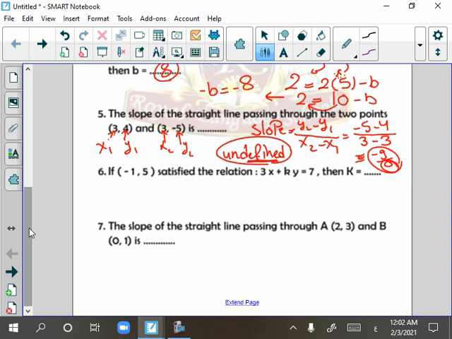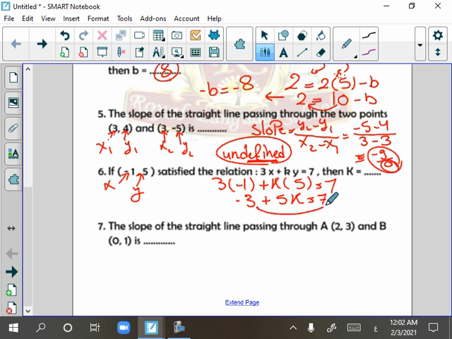Number 6, if negative 1 and 5 satisfy the relation 3x plus ky equal 7, first coordinate x and second coordinate y, by substituting 3 times negative 1 plus k times 5 equal 7, negative 3 plus 5k equal 7.